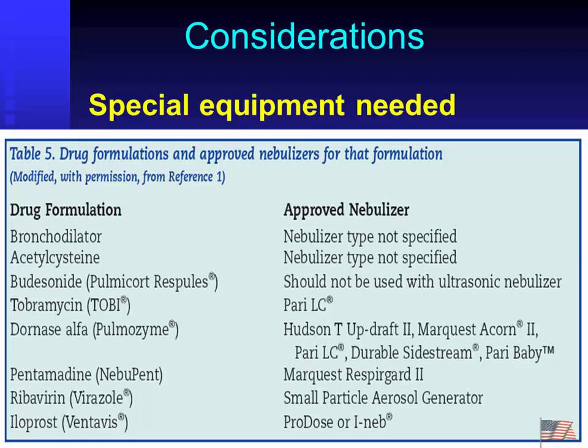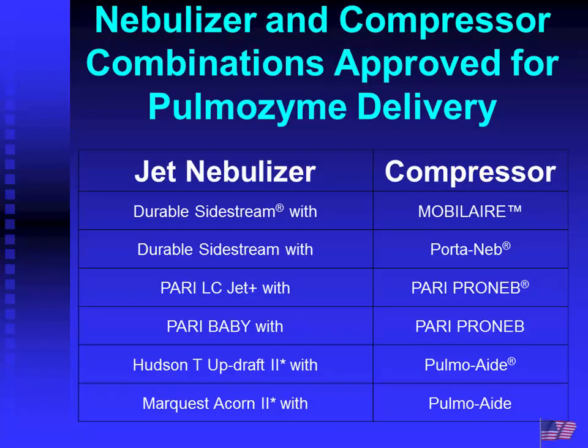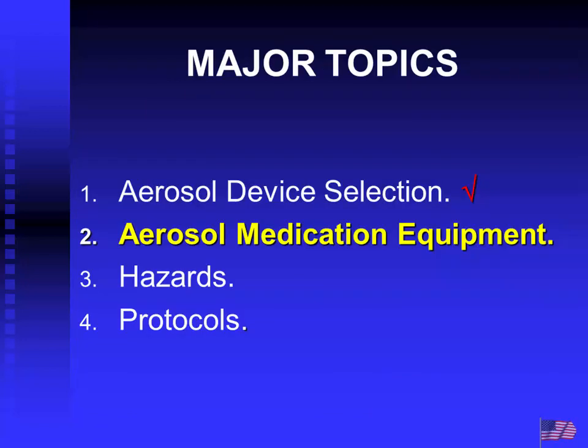So some of them have certain nebulizers that you have to use with them, and that's all that has been approved. And here's just another example of not only the nebulizer, but also the compressor that is used with it. You don't need to memorize those, just recognize that certain drugs need to have certain nebulizers or compressors used with them. That was the intent of that. I'm not going to ask you which nebulizer goes with which drug.